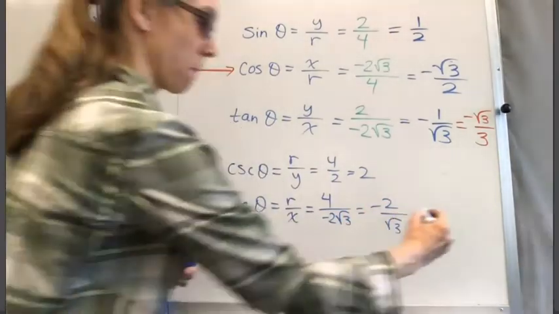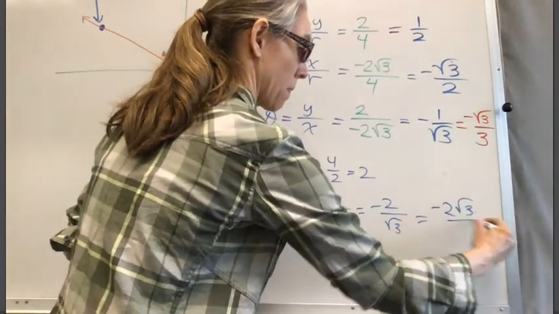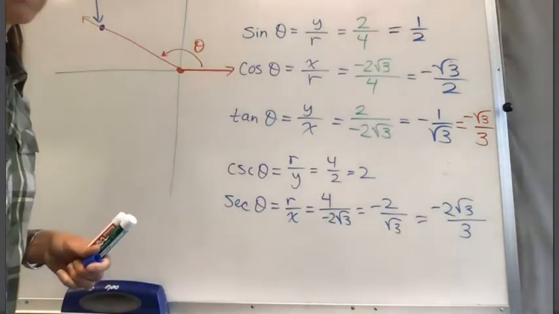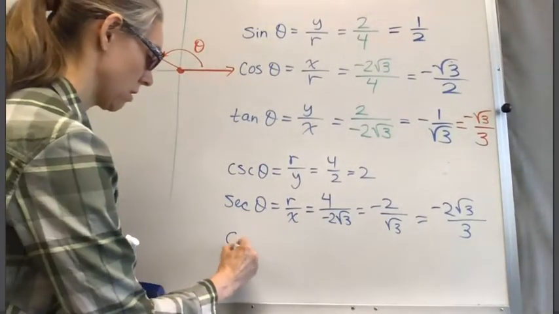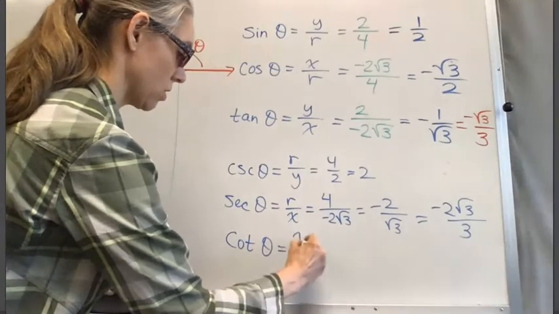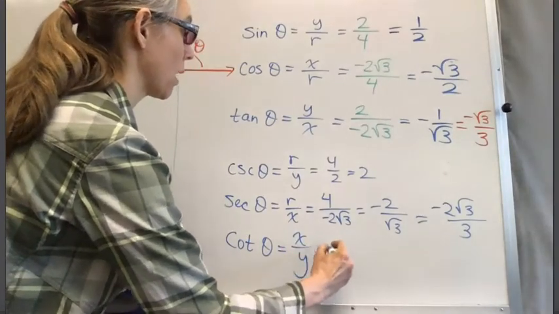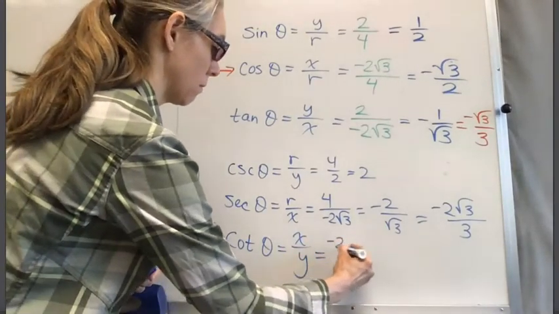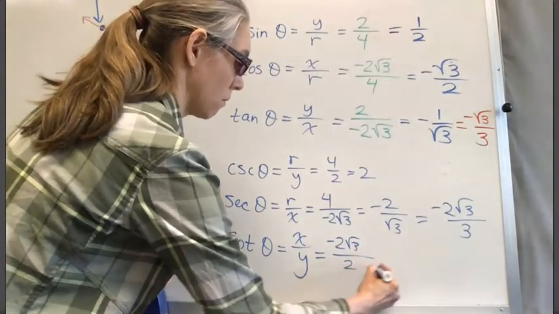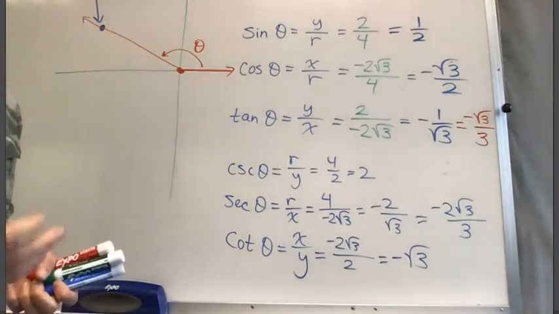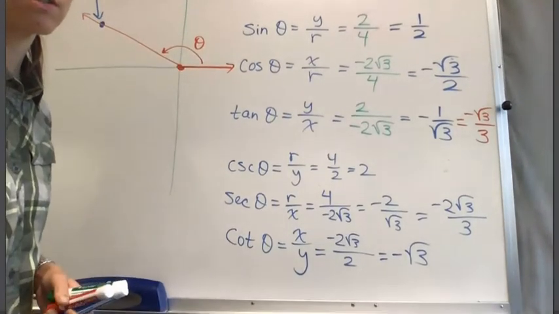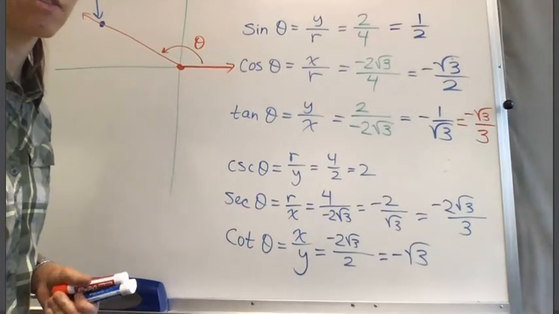Rationalize that. And then also we have the cotangent of theta, which is x over y. And there you have all 6 of the trig functions for a point on the terminal side of an angle.